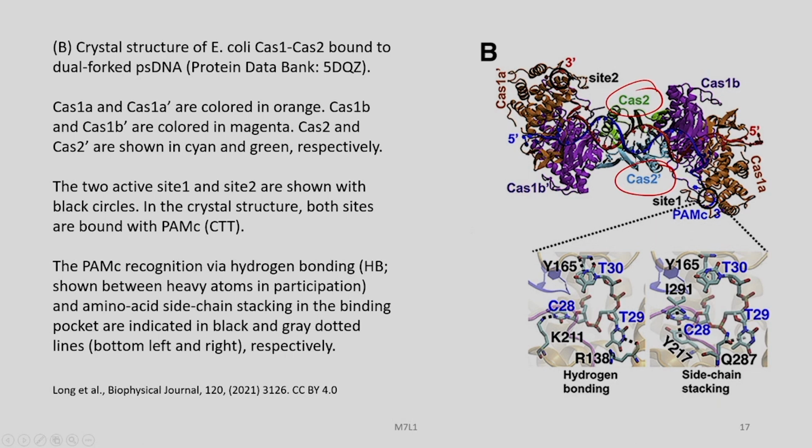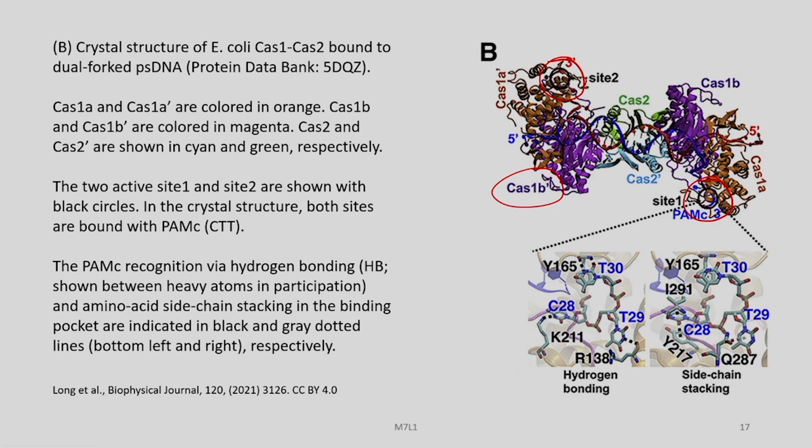Then you have Cas1B and Cas1B prime, and they are shown in their respective colors to make them distinct from each other. The two active sites 1 and 2 are shown with black circles. You can see here a black circle, maybe not visible clearly, but within this circle you can see a black circle over here which has become red now due to my coloring. So, these are the active sites 1 and 2.